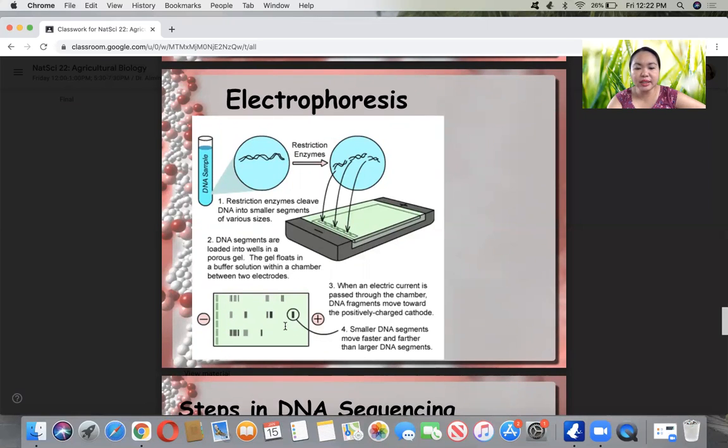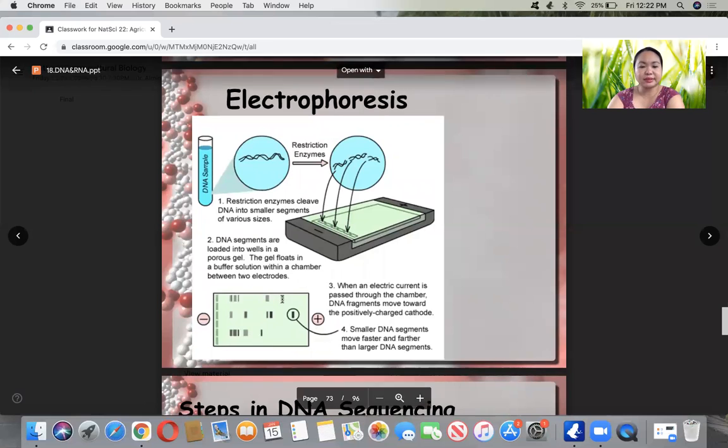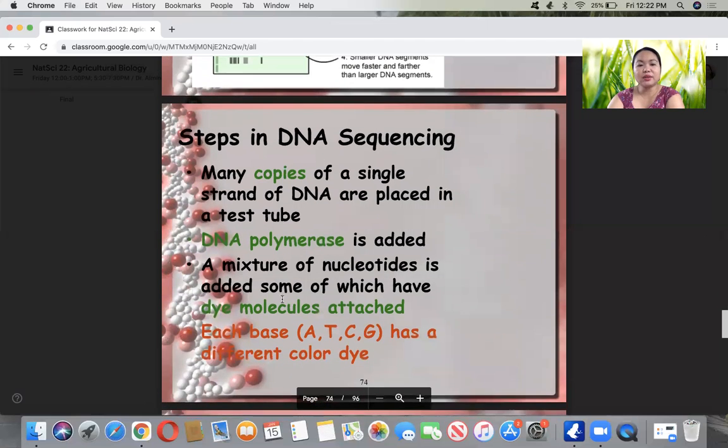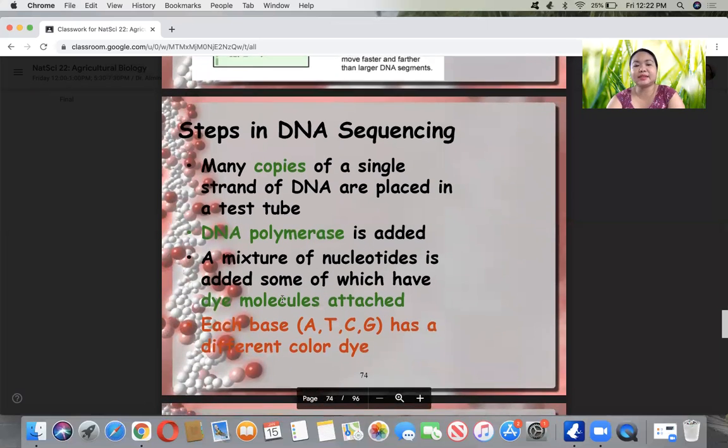The smaller DNA segments move faster and farther than the larger DNA segments.